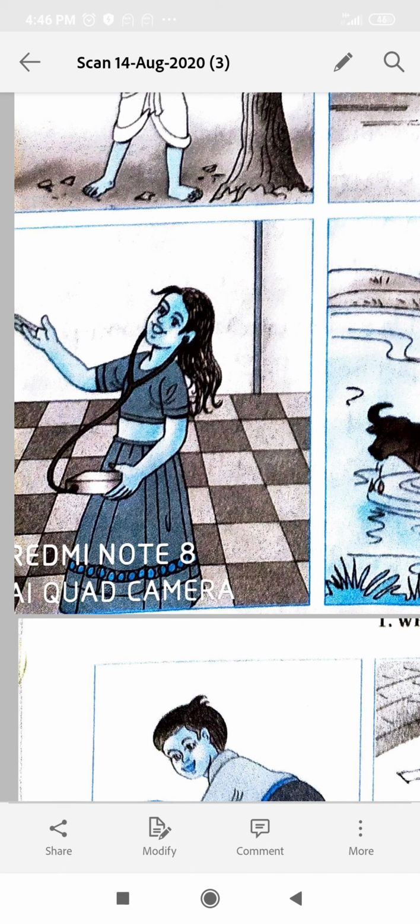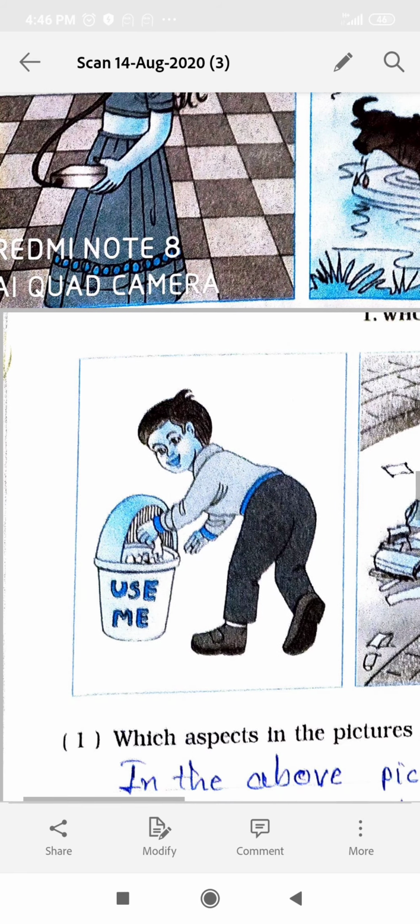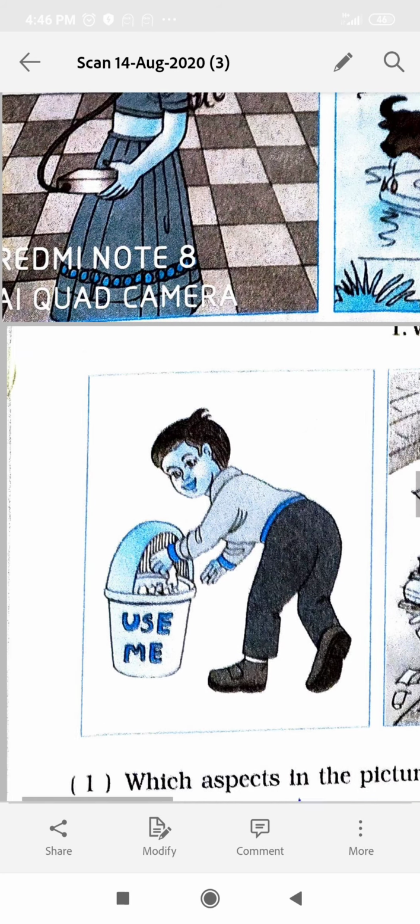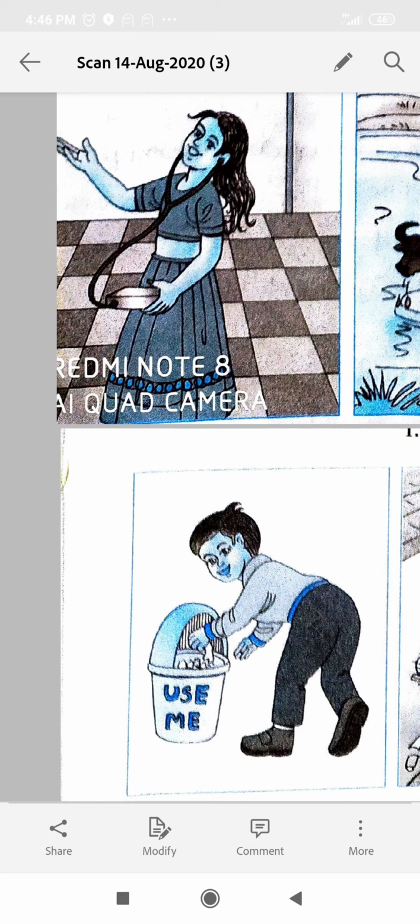So it is a good habit. Now the next good habit for the environment is this picture. Okay, so let's describe it. The boy is throwing garbage in the dustbin. So using a dustbin is good for the environment. So these both are good for the environment.